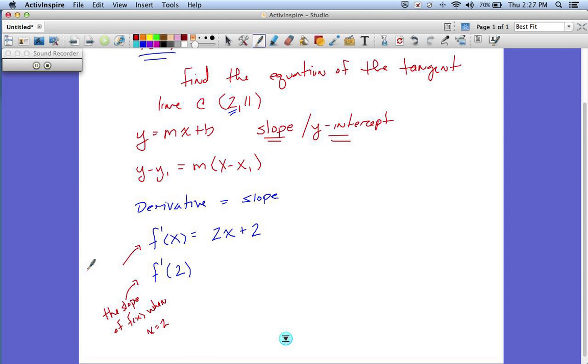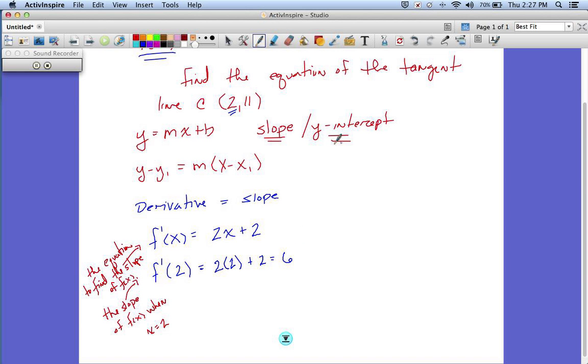This is the equation to find the slope of f of x. Okay, so we're literally going to plug in to f prime of 2, I should say. 2 times 2 plus 2. That's a lot of 2's there. That is 6.